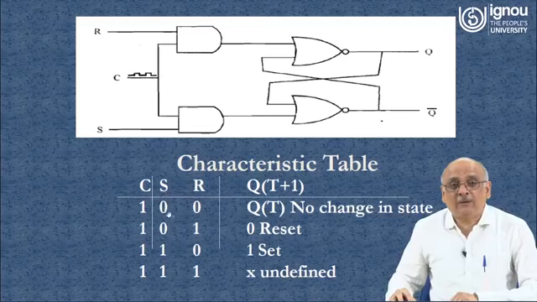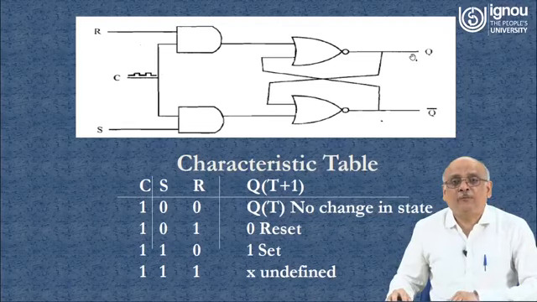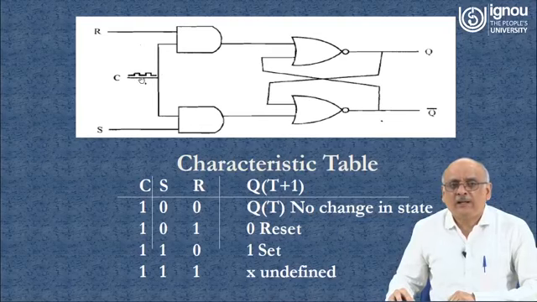Now let's look at the first entry of the characteristic table, which says if the S and R values are 0 and 0, there will not be any change in the state. So we start with S and R both 0. Even if the clock pulse occurs, what is the output of this AND gate?